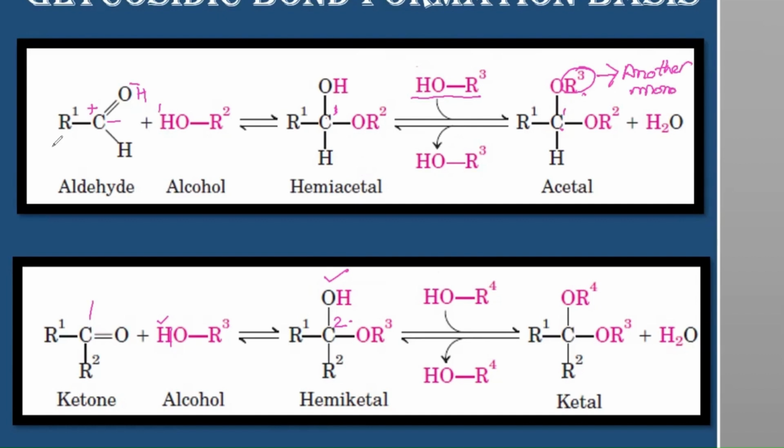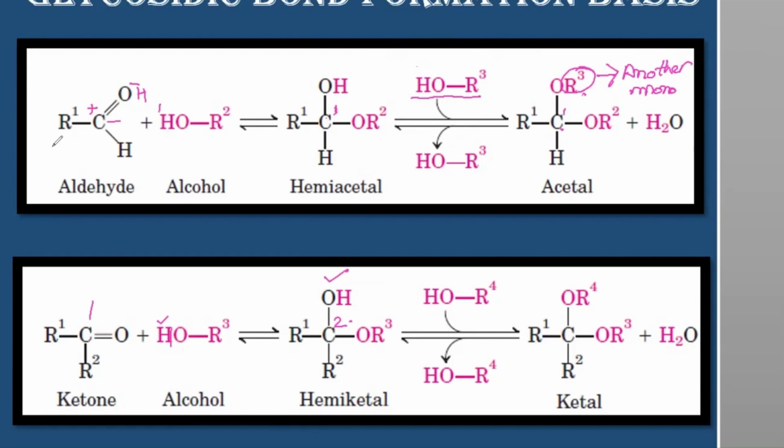There is a continuation of similar kinds of reactions, that is stepwise formation with the action of aldehyde and alcohol together. Hemiacetal is formed, and then progressively when again there is an interaction with another alcohol, then again acetal is formed. Similarly, with the interaction of ketone and alcohol, hemiketal is formed, and progressively when another alcohol interacts with that hemiketal, then ketal is formed. So there is just a sequential reaction basically over here.